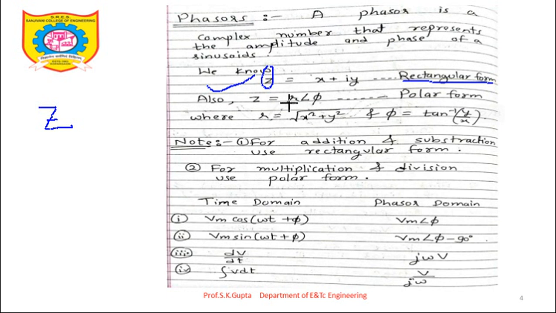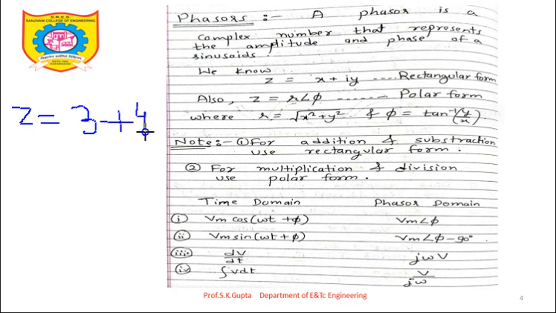Now the relation between r, phi and x, y is this. Suppose I provide you z equal to x plus iy, then you can determine the r value. Suppose my z is, let us say, 3 plus 4j, or 4i. J is the same, it is nothing but the imaginary number. So what will be the value of r?